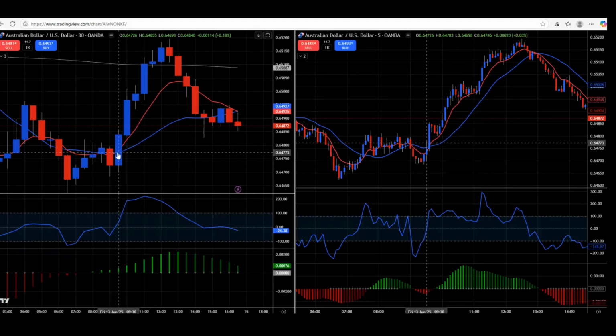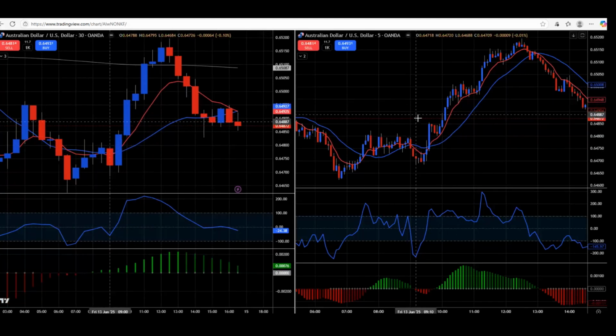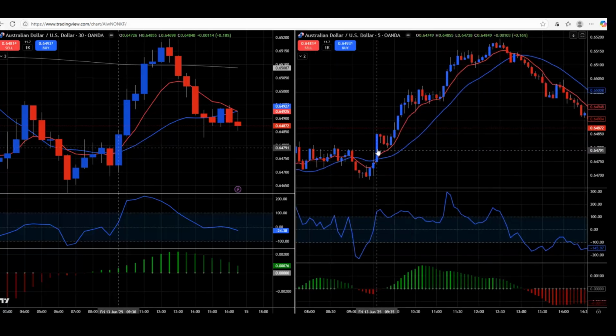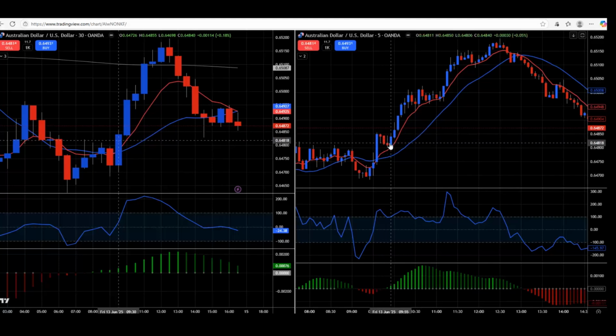And also, if we take a look on the other side, on the right side, on the 5-minute chart, this area is where you would enter your trade. So we had that push, right? That went through the 8-period EMA on the 5-minute chart, and basically we can either buy into the strong push, or we can wait and be patient and say, you know what, let me wait for a retest in this area.